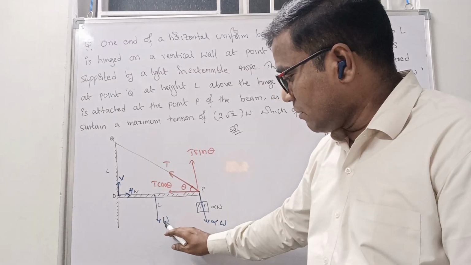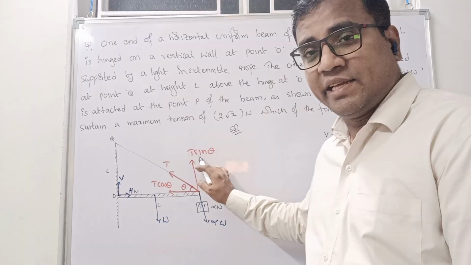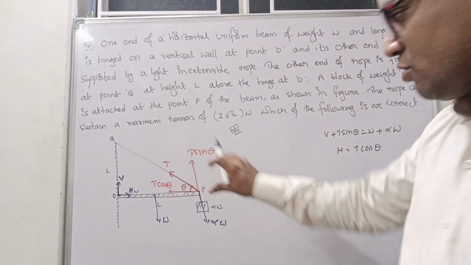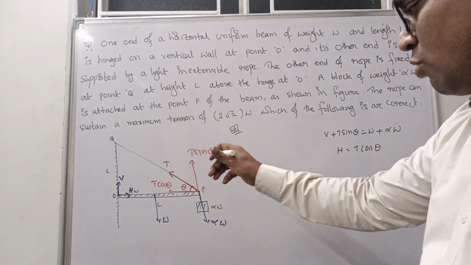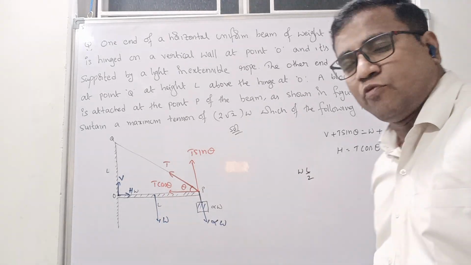So we have to calculate only the torque due to W and alpha W, and again here it is T sin theta, right? We will write clockwise, which is equal to anti-clockwise. What is clockwise here? W into L by 2, force into perpendicular distance.